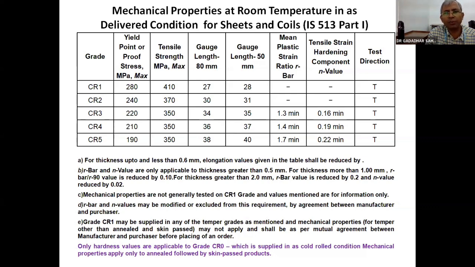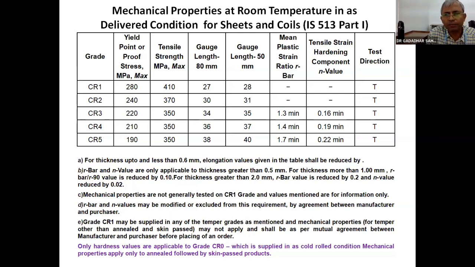Here in CR3 grade, you will see there is another requirement: plastic strain ratio, R bar value, and tensile strain hardening component, N value. The tensile strain hardening component value comes from the tensile test, but for the plastic strain ratio, there is another equipment in which it is measured.